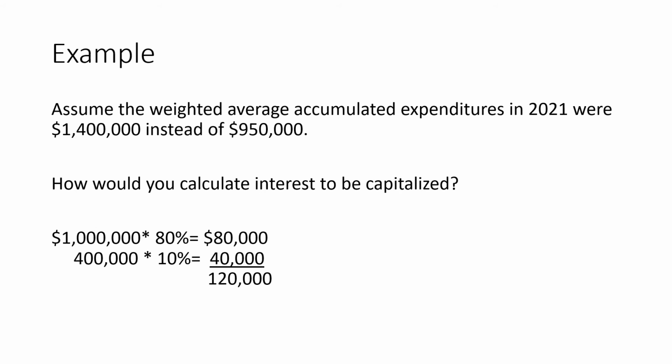So the first $1 million of 1.4 million will be calculated at 8%, the construction loan's principal and interest rate. The remaining 400,000 will be multiplied by that weighted interest rate we just determined in the prior slide on the other loans, 10% or 40,000.